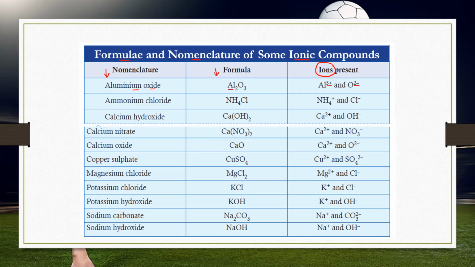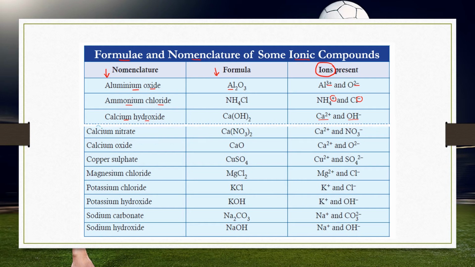Another example we have is ammonium chloride. It contains a cation, which is ammonium, and an anion, which is the chloride ion. We have calcium hydroxide containing calcium ions and hydroxide ions.